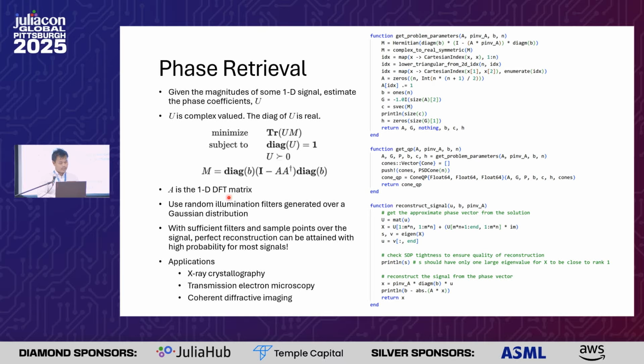So here A is defined as this 1D DFT matrix, and A is also what we use to solve this problem, this random illumination filter. Basically we sample a bunch of points from a Gaussian distribution, and that constructs this matrix A. By doing so, it happens that we achieve perfect reconstruction with high probability for signals. And there are lots of applications of doing this.